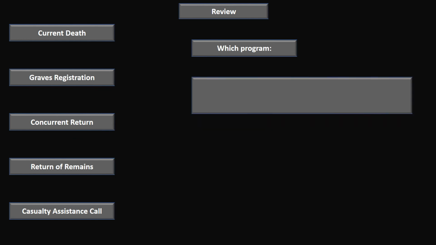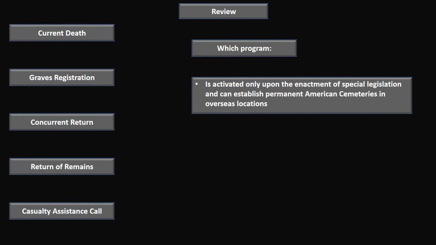Which program is activated only upon enactment of special legislation and can establish permanent American cemeteries in overseas locations? That would be the Return of Remains Program.